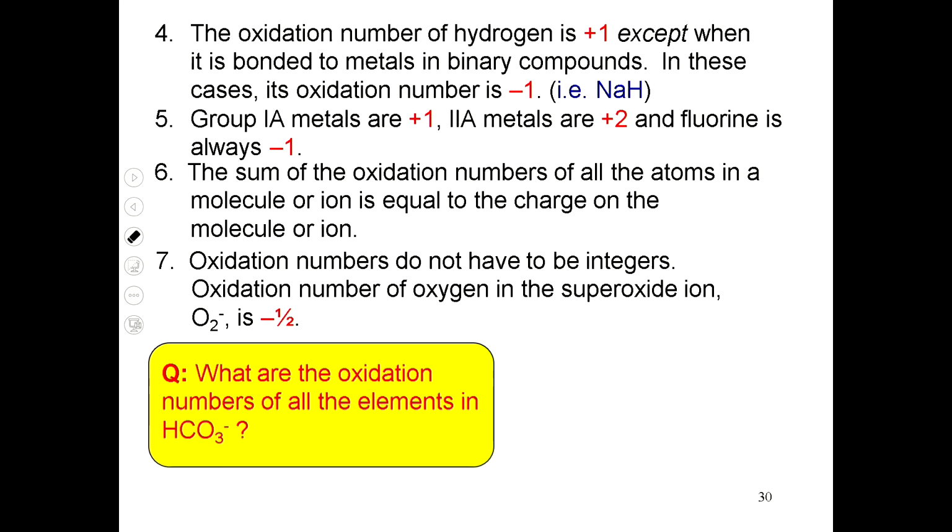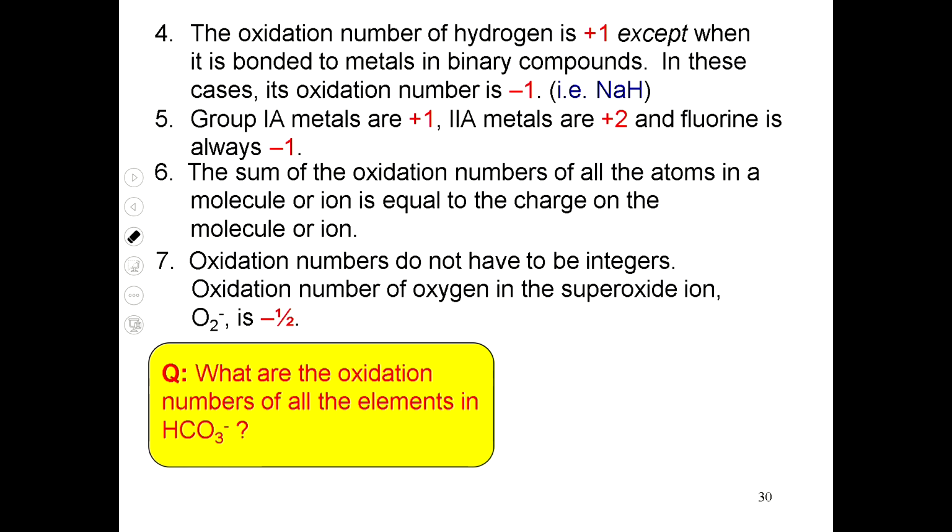Hydrogen basically has a +1 charge, but sometimes it may have a -1 charge. For example, when it's combined with sodium, the sodium is easy to lose an electron, so in this compound the sodium is +1 but the hydrogen is -1. Group 1A metals are +1 charge and the 2A are +2. We introduced this before, right?